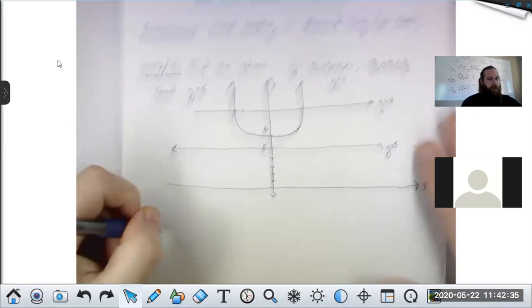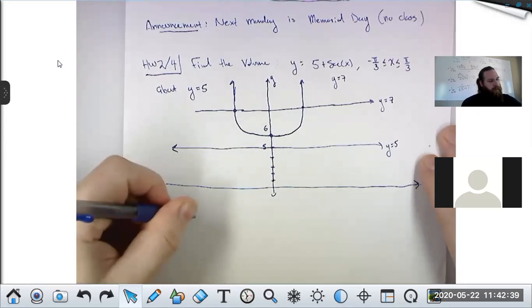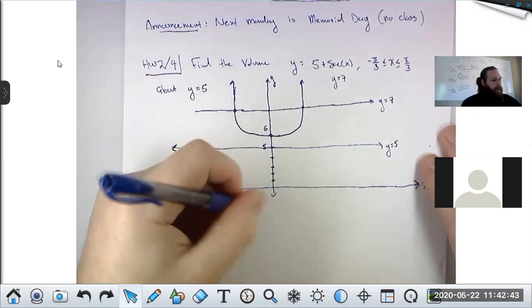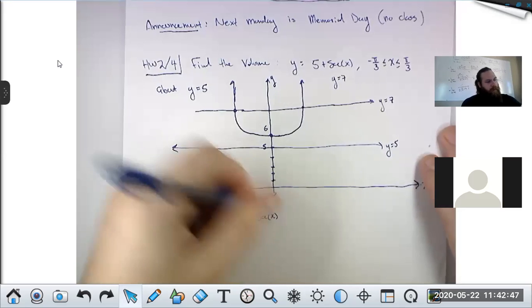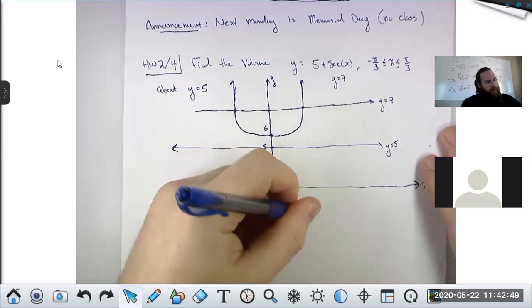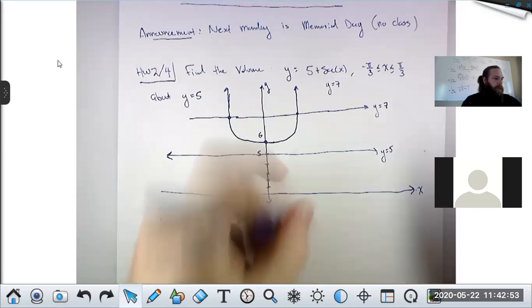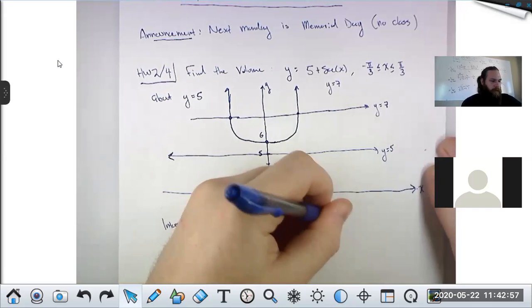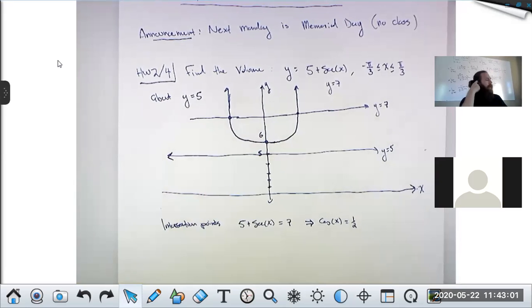So first, let's find the intersection points. 5 plus secant x equals 7. That means secant x is equal to 2, which means cos x is equal to 1/2. And where is cosine x equal to 1/2?